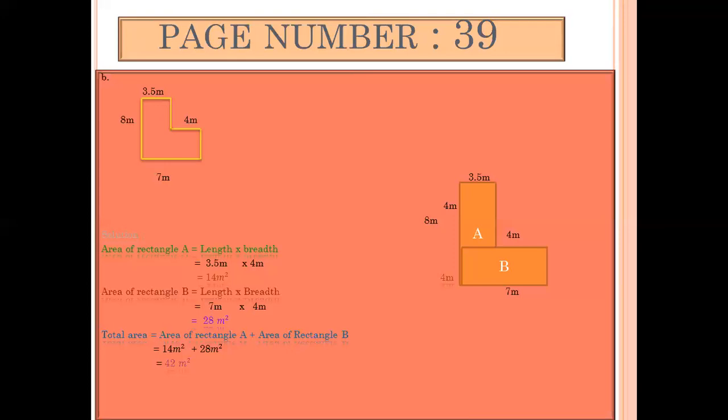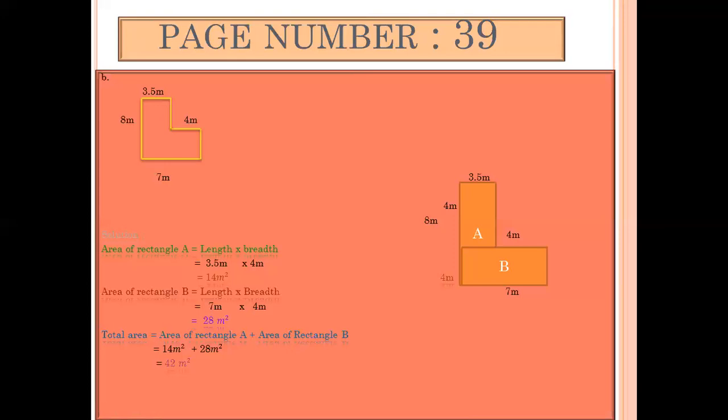And we divide the breadth 8 meter into two parts, 4 meter and 4 meter. Why do we convert this into 4 and 4? I told you that in the question one breadth, 4 meter, is given. So according to that measurement, we convert 8 into two parts, 4 meter and 4 meter.